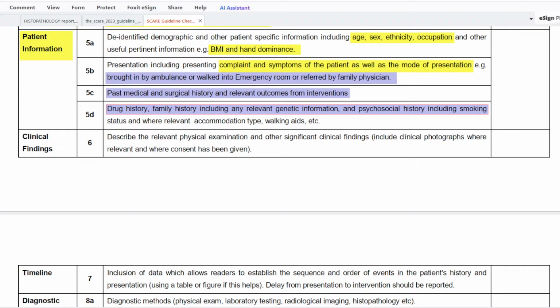Relevant physical clinical findings: describe the relevant physical examination and other significant clinical findings, include clinical photographs where relevant and where consent has been given.